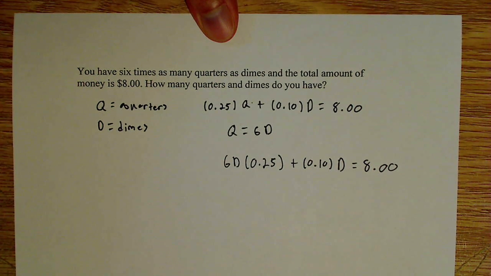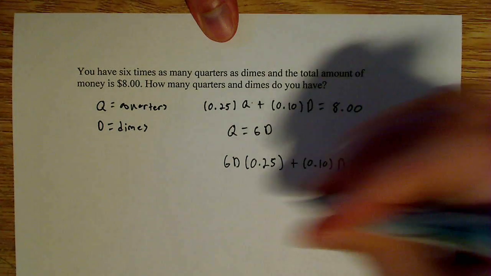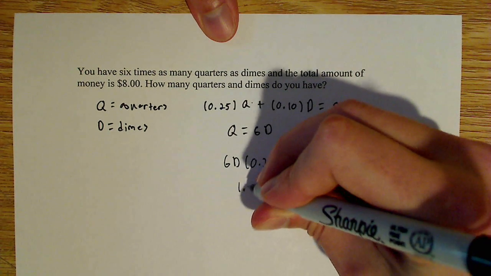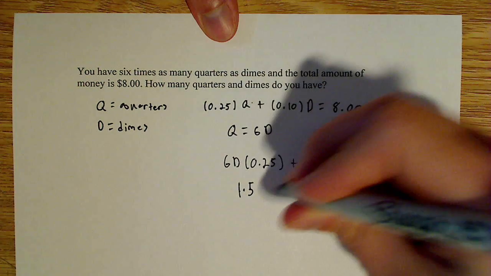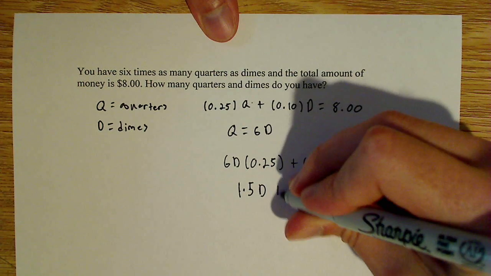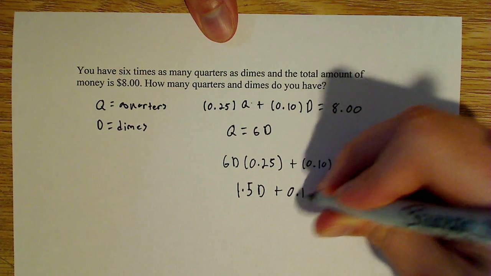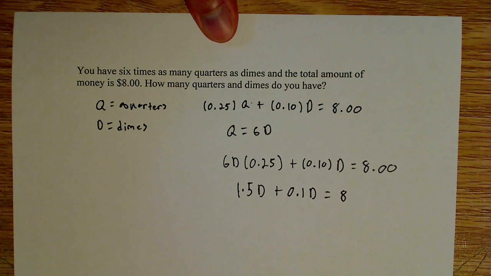Now, if we multiply that out, 6 times 0.25 gives me 1.5, so it gives me 1.5D plus 0.1D, and that still is all going to equal 8.